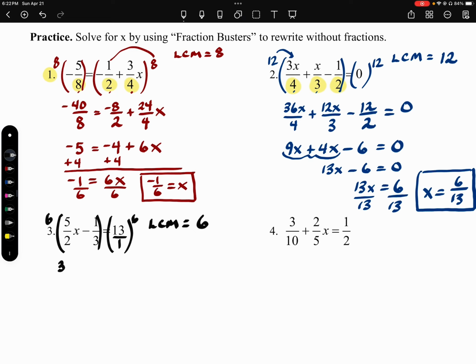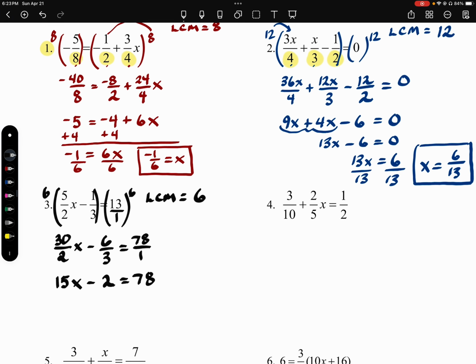6 times 5 is 30. So we have 30 over 2x minus 6 times 1 is 6 over 3 equals 6 times 13 is 78. That's still over 1. And when we simplify these, this should give us 15x minus 2 is equal to 78. Go ahead and add your 2 to each side.